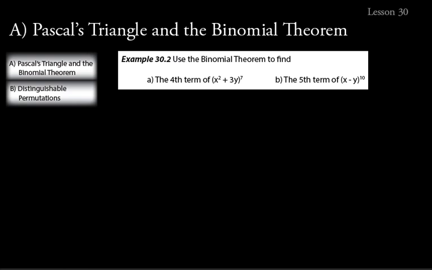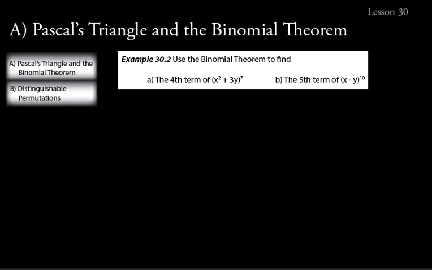So in A, the fourth term of (x squared plus 3y) to the 7th, well, that's the same problem we did in 30.1c, but we'll just use the binomial theorem, and we should end up with 945x to the 8th y cubed again.